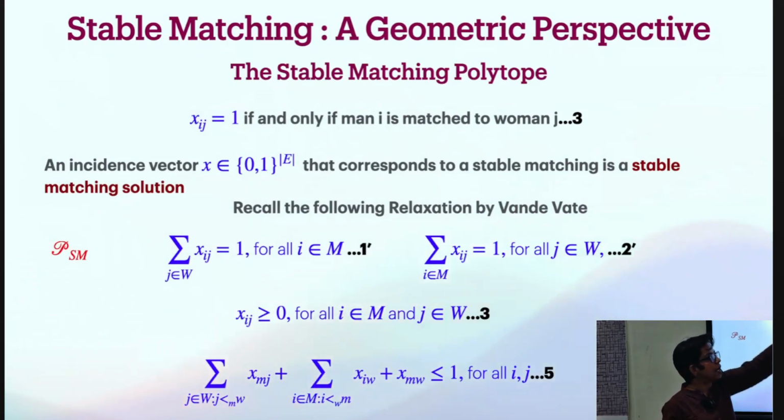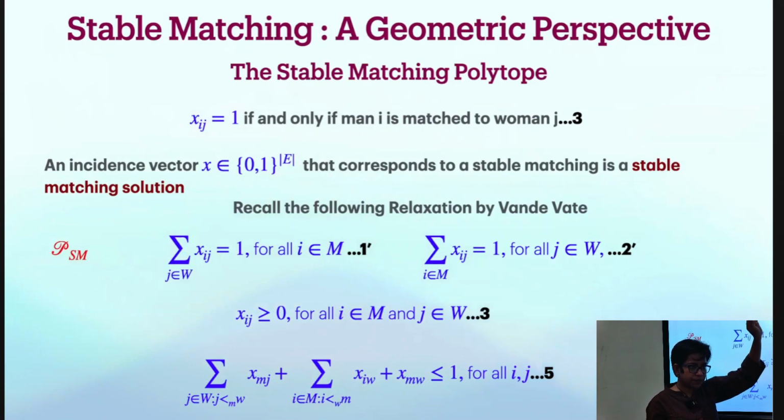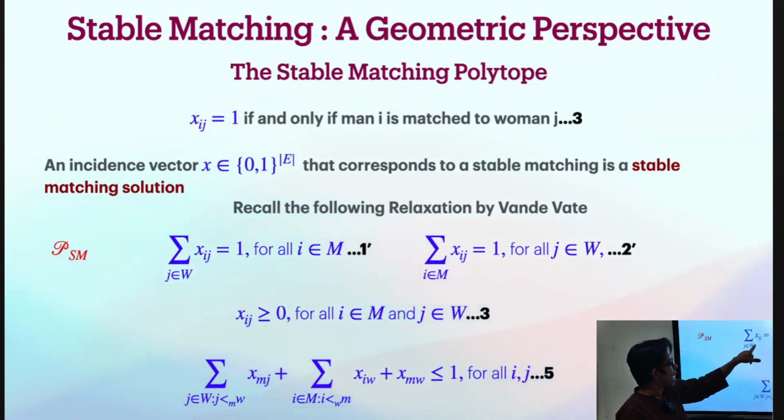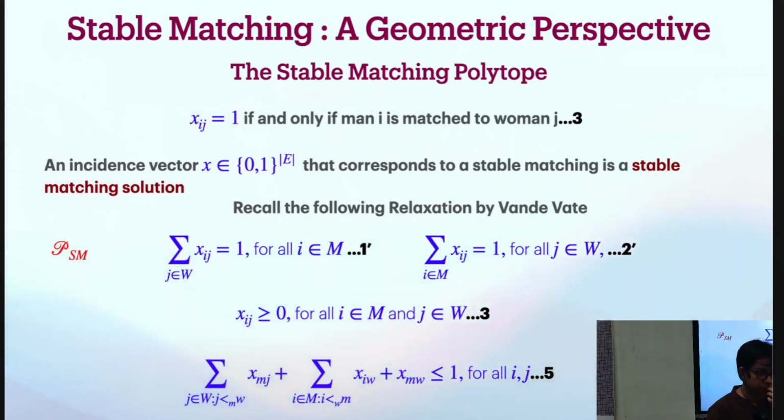There's a bit of abuse of notation, but saying this is equivalent to saying this, given that this matrix is a symmetric matrix with zero diagonals, so I can think of it as a characteristic vector of size E. E is the number of edges in the graph. So ij is basically an edge in the graph. Now we are looking for a 0,1 vector of this kind that satisfies all these constraints. That is what we call the stable matching polytope.